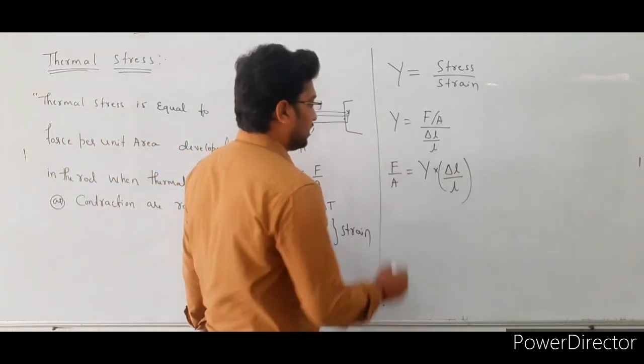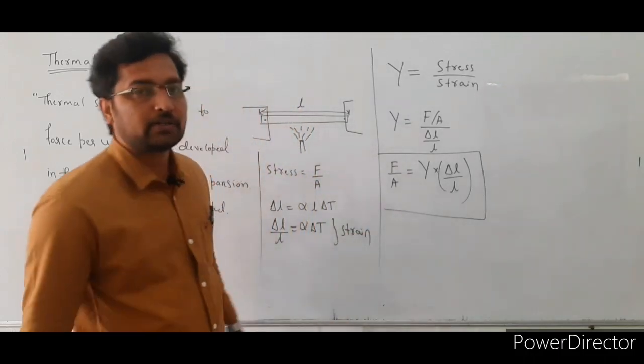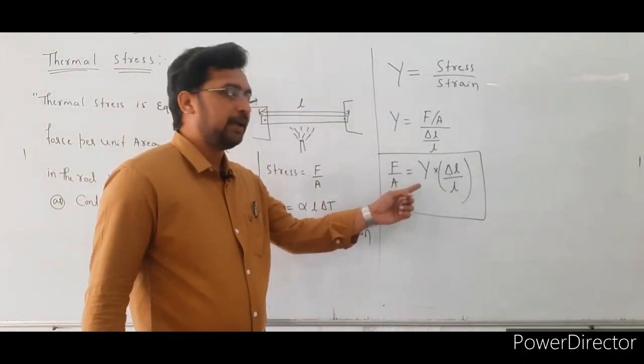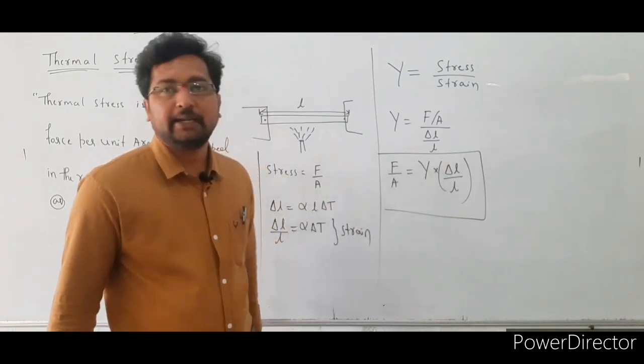This is one expression to calculate the stress developed inside the rod: force per unit area is equal to Young's modulus of elasticity into the change in length by initial length.